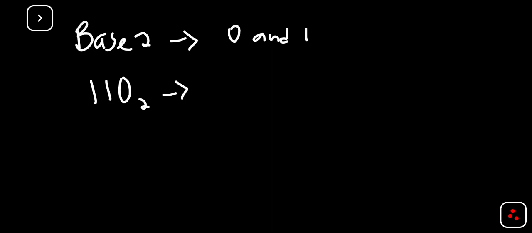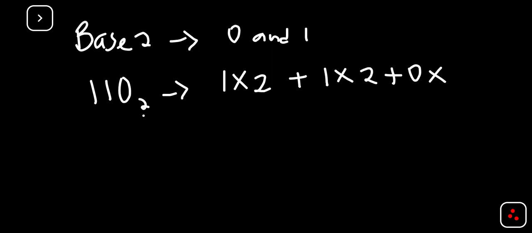If you have to convert this to base 10, you have 1 times 2. Remember to multiply each digit by its base. So we see 1 times 2, 1 times 2, 0 times 2. Then the index power starts from 0 and moves upwards that way. So you see the way I arranged it, and that's how it's going to be.